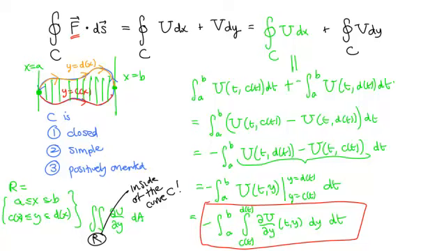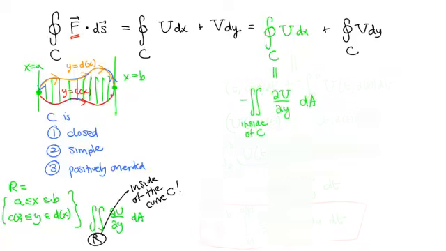If we summarize this, we've shown that the closed contour integral around the curve C of the function u dx is exactly the same thing as negative of the double integral of the region inside the curve of del u del y dA. A similar argument would show that this ends up being the same thing as the integral of del v del x dA, positive, where we're still integrating over the inside of the curve C.